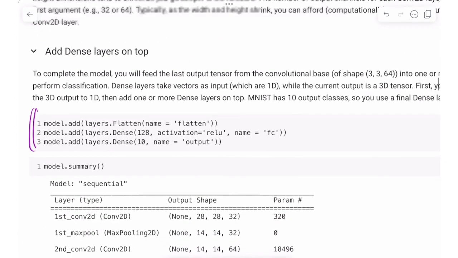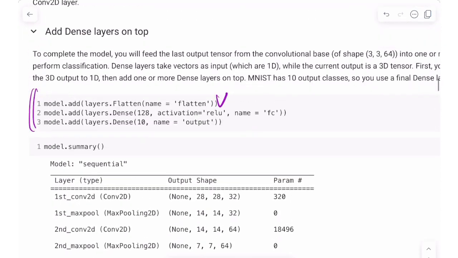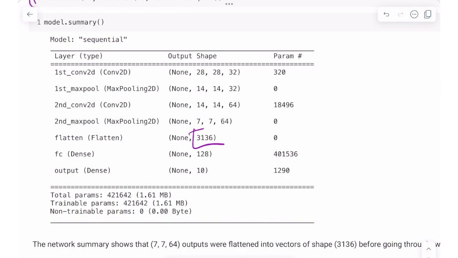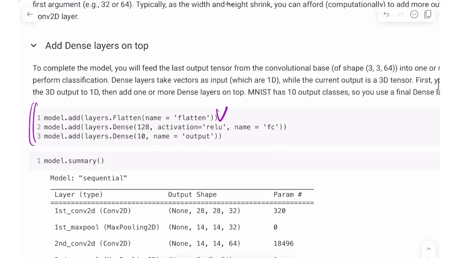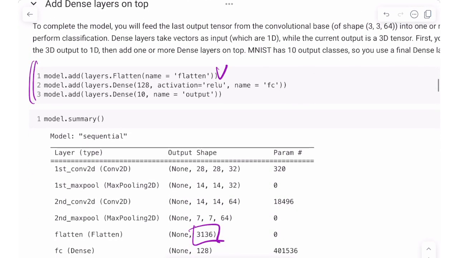That is the flattened layer. We flatten all the neurons on all kernels, so in total we have 3,136 different neurons. And we have 2 additional dense layers: one is 128, the other has 10 different outputs.